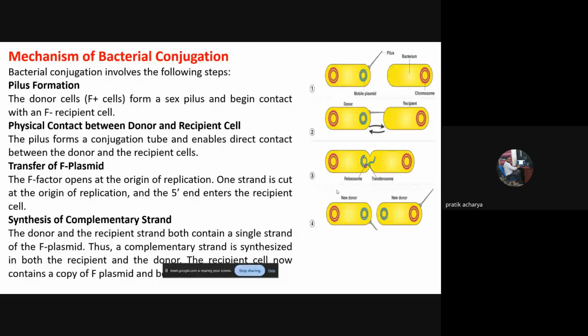It plays a crucial role in bacterial conjugation. It's a key component that determines a bacterium's ability to act as a donor. Got it? It is commonly referred to as a plasmid. Got it? Yes, sir. Any other questions?